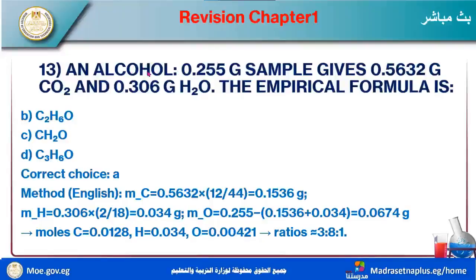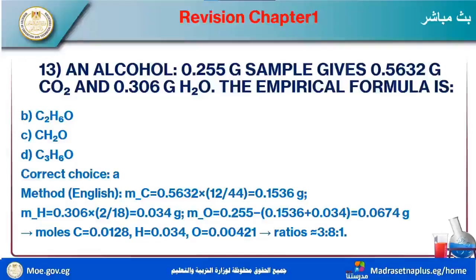We focus on the mass of carbon dioxide, divided by 44 to know the number of moles of carbon dioxide, and you predict the number of carbon, and the same for water vapor. Now you can find the amounts of carbon and hydrogen, and you will predict the amount of oxygen.